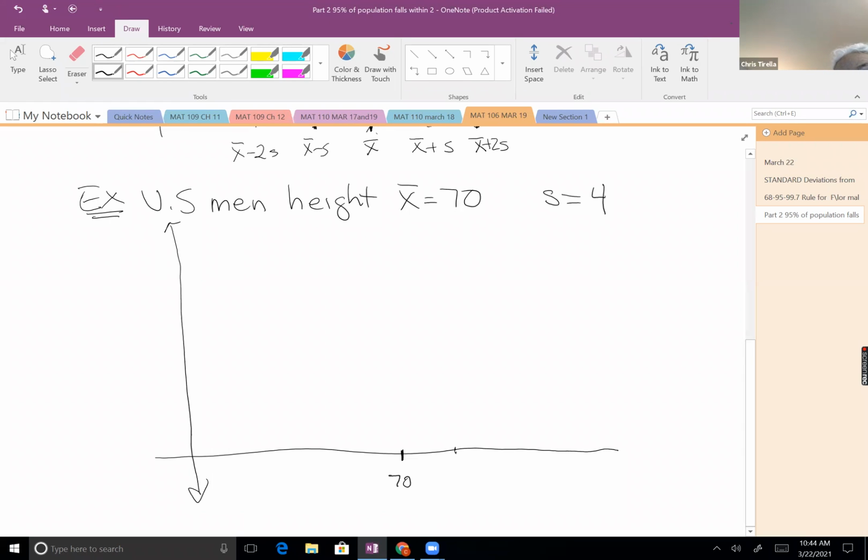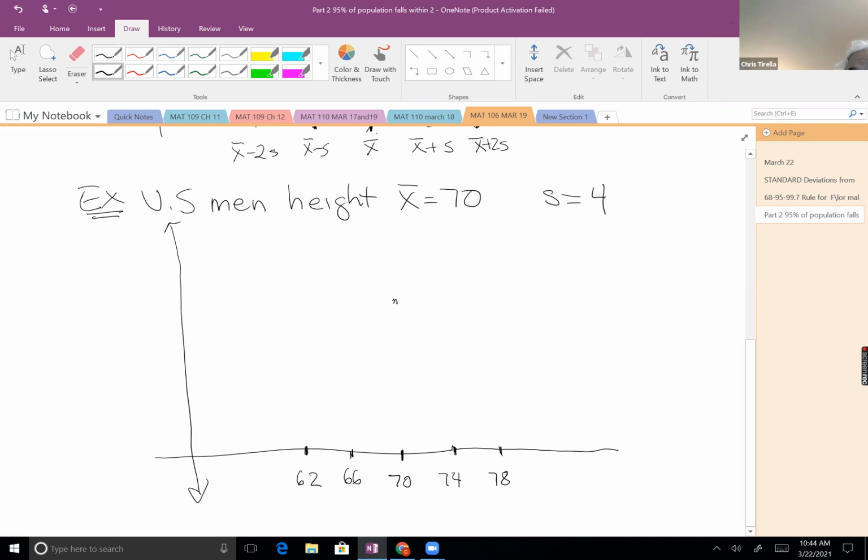When I add my standard deviation, I'm going up by 4. So I'll count by 4s. 74. 4 more would be 78. And I'll go down by 4s. 70 minus 4 is 66. Minus 4 is 62.